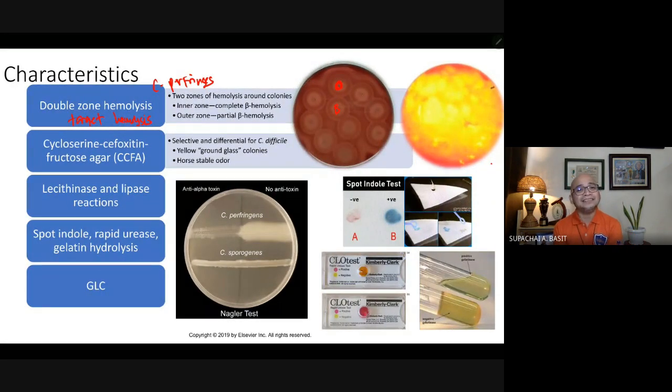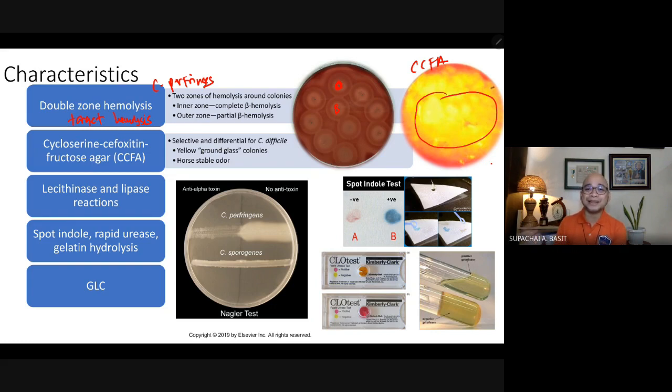The CCFA is otherwise known as the cycloserine cefoxitin fructose agar. So this is the CCFA agar, and this one is useful for Clostridium difficile, selective and differential for Clostridium difficile. It will actually give you yellow ground glass colonies, and it has a horse stable odor.